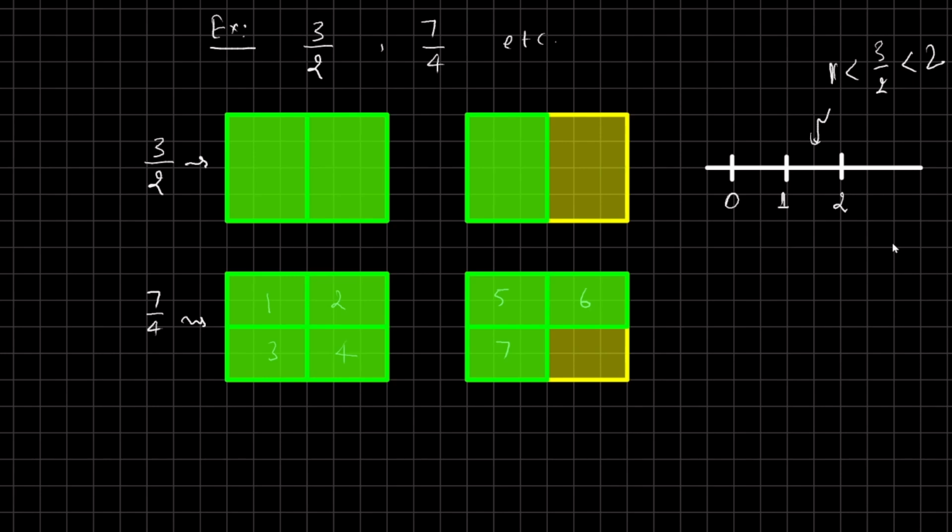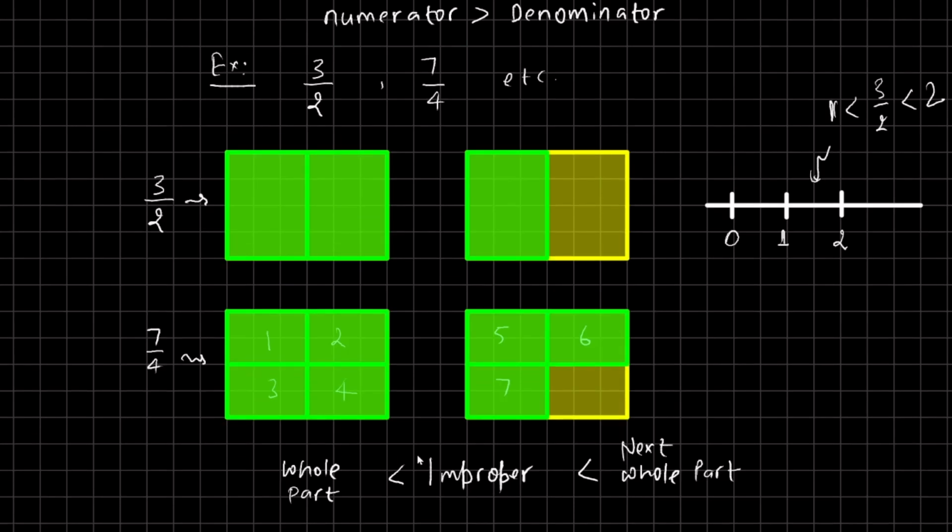So now we can say if we have an improper fraction, that fraction is going to be in between a whole part and the next whole part. Be careful, here we are talking about fractions. The same goes for positive rational numbers. But for negative numbers, instead of going rightward, we move leftward. We will see that in examples.